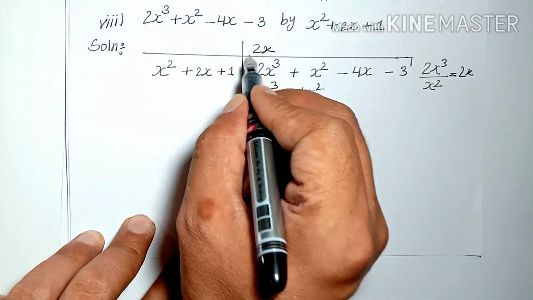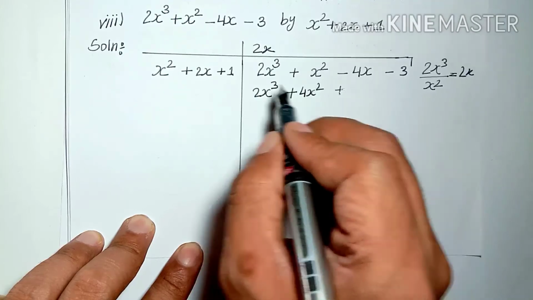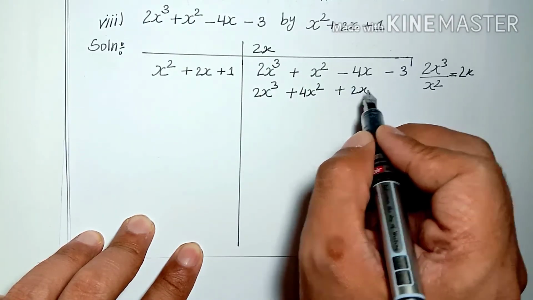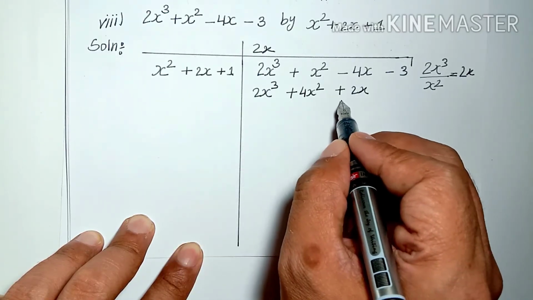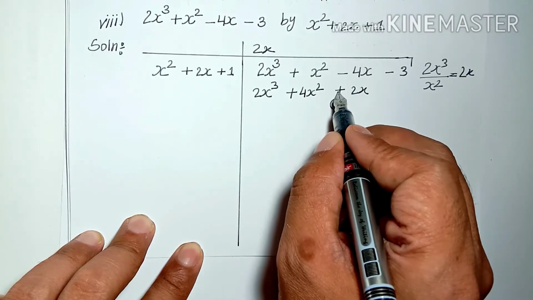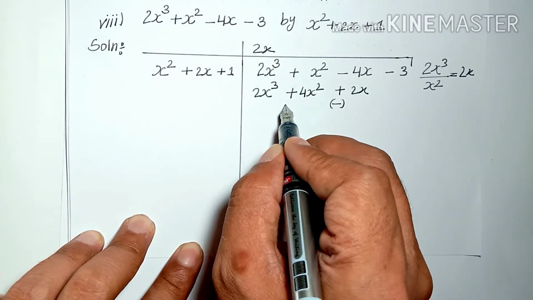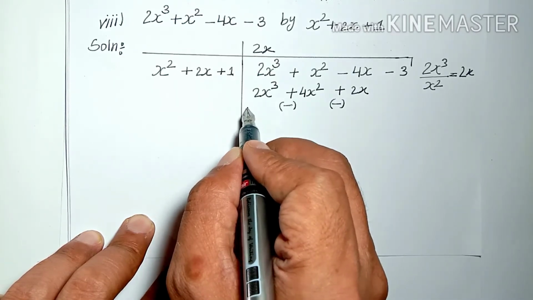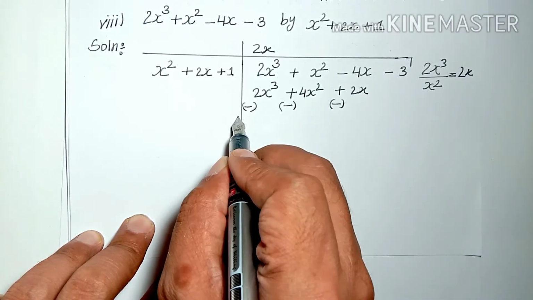Again plus plus, so it will be plus sign. 1 into 2x is equal to 2x. Now you'll have to change all the 3 signs here. Plus will become now minus. Now plus will be invalid. Again this plus will be invalid and our new sign will be minus. Again this plus we change to minus.